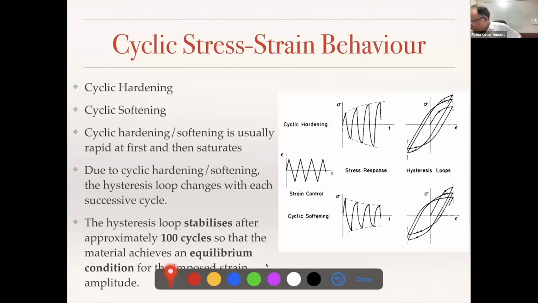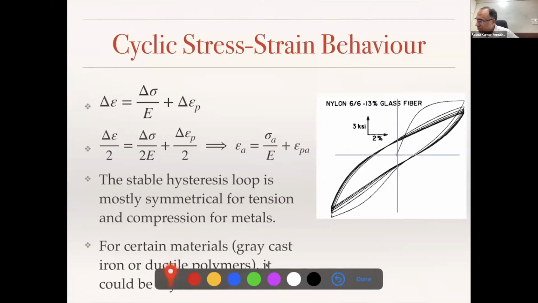But for these hysteresis loops, after so many cycles, say 100 cycles, the system achieves an equilibrium, and then there won't be any change in the cycle. So they will all reach a certain equilibrium. Look at this particular figure, which is for nylon 6/6 with 13% glass fiber, where cyclic loading is done. Here you can see stress.